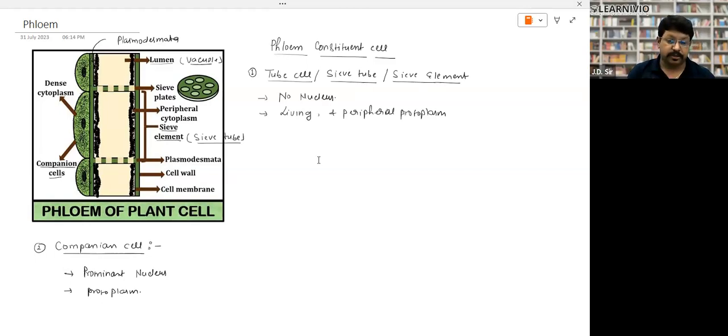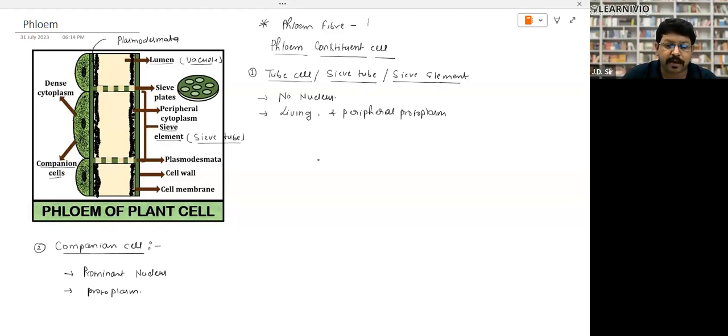One more important thing is left. That is the most important thing on the phloem topic. You will find this question in your medical examination or other MCQ examinations. Phloem fibers are also known as bast fiber. Like I have told you, phloem fibers are used in making jeans, coarse trousers, and some string and rope.